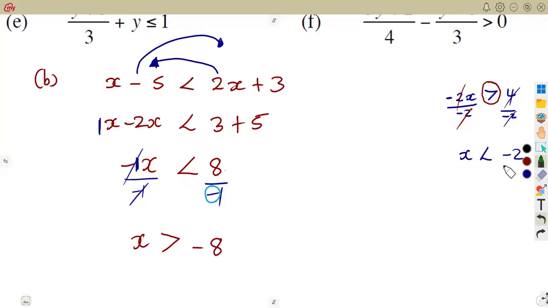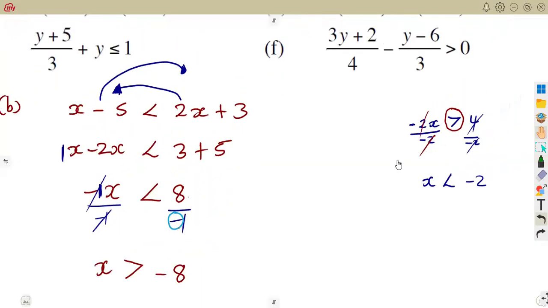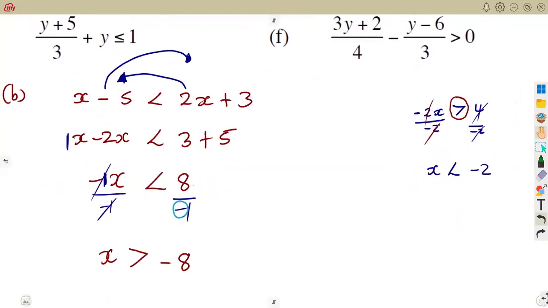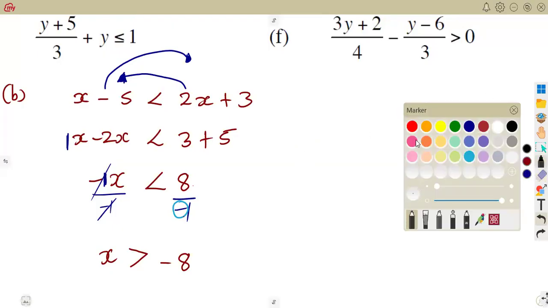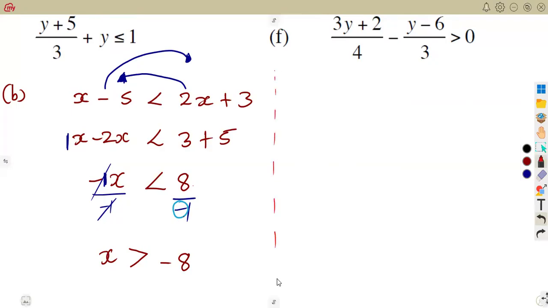But like I said, it is all in your hands, the simplification, because we could have avoided that. We saw that we could have avoided this if we had taken this same inequality as x minus 5 is less than 2x plus 3.